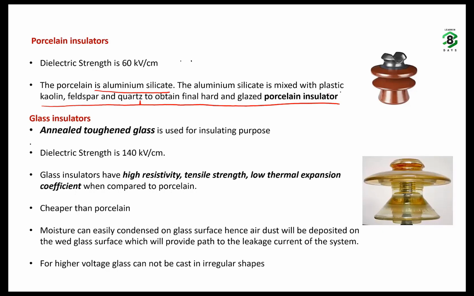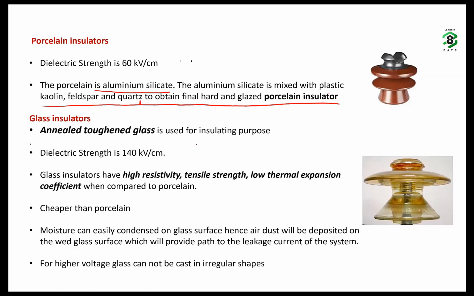That is about porcelain. Now, this is a toughened glass insulator. Annealed toughened glass is used for making electrical insulators. Its dielectric strength is 140 kV per centimeter.